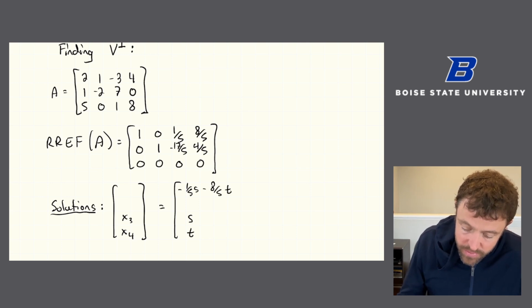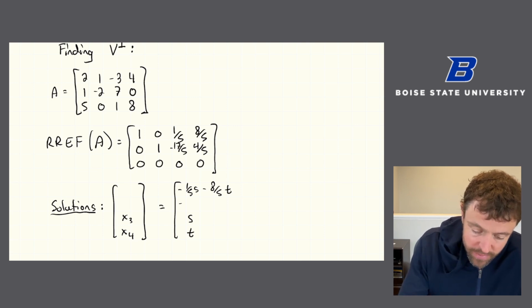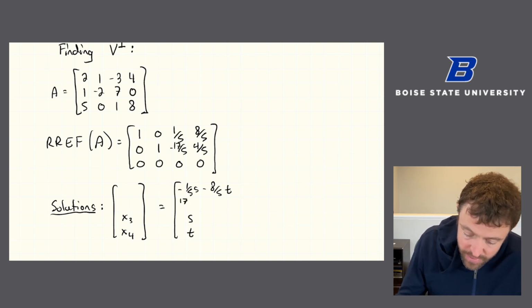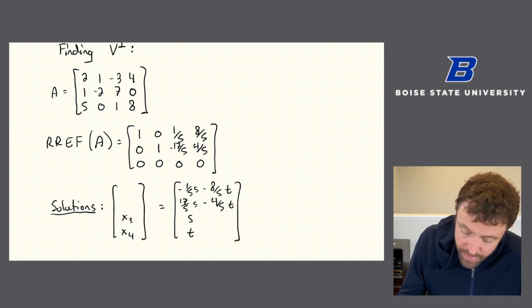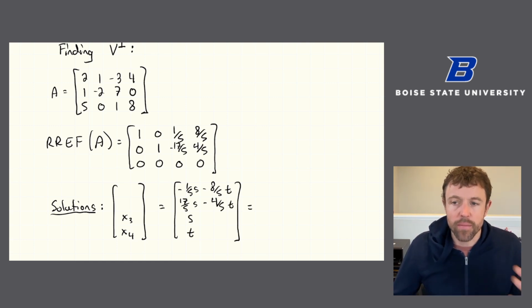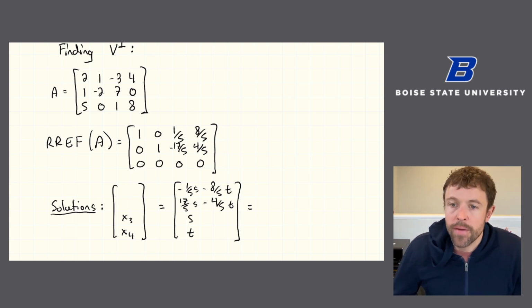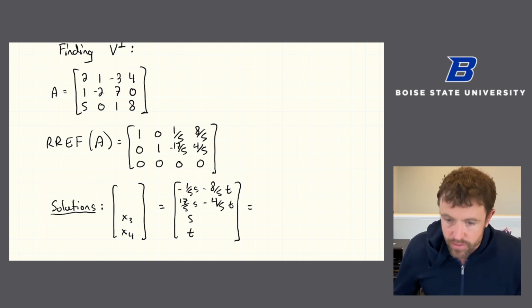And x2 is positive, not negative, 17/5 s minus 4/5 t. And when I split this into pieces, again, if you're unclear on these steps, go back to the video of Gauss-Jordan elimination, where I'm working with solution sets and writing solution sets as vectors, as to how I get these answers.